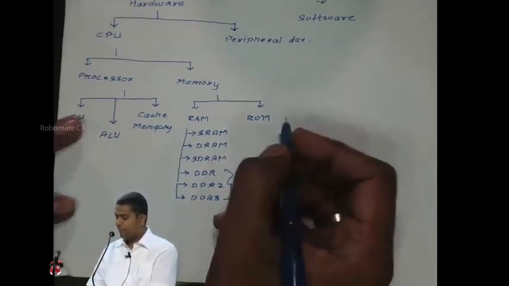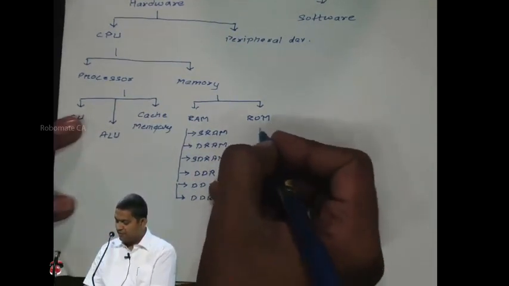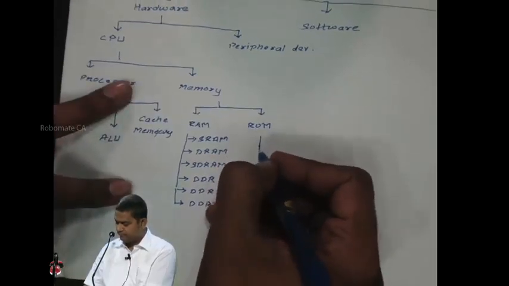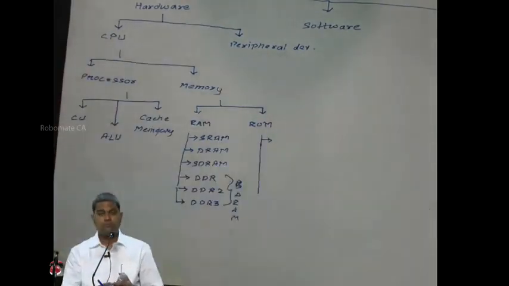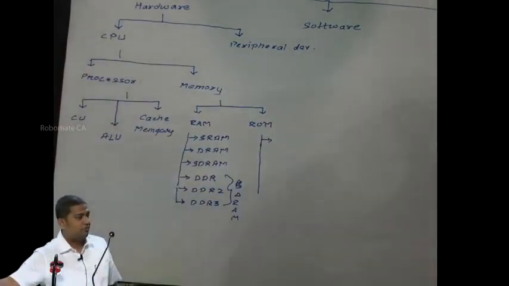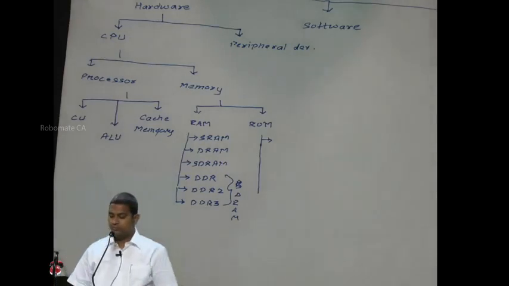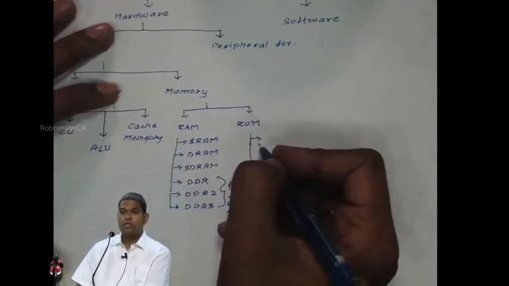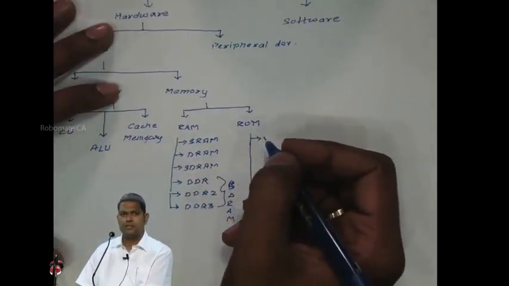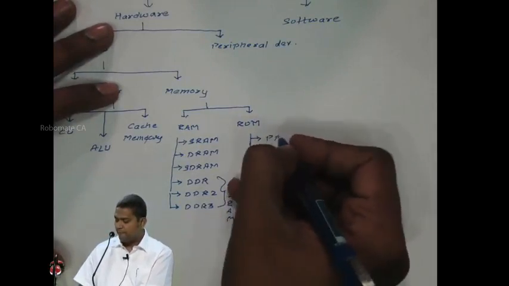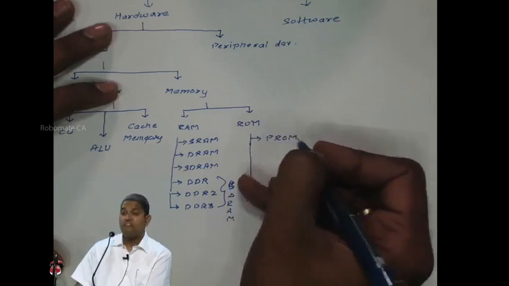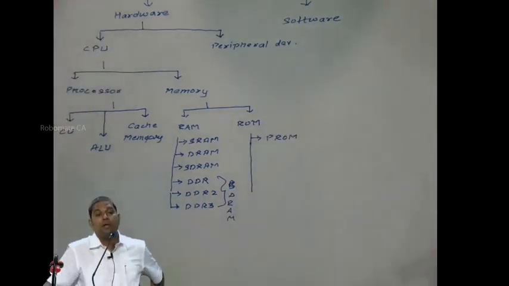Then after this ROM, we are moving to the different types of ROM. Listen very carefully. Please calm down. We have PROM, that is programmable read-only memory.